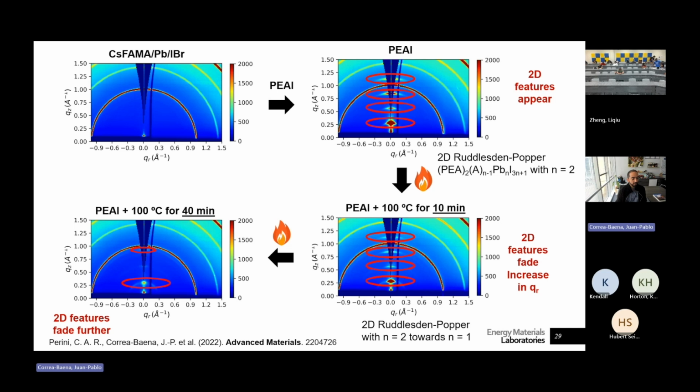And then after 40 minutes, holding it at the same temperature, 100 degrees Celsius, those features almost entirely disappear. So these materials that we're putting on the surface originally are very crystalline and very stable, but as we heat them up, you can see here those signals disappear, and then almost entirely disappear over here.